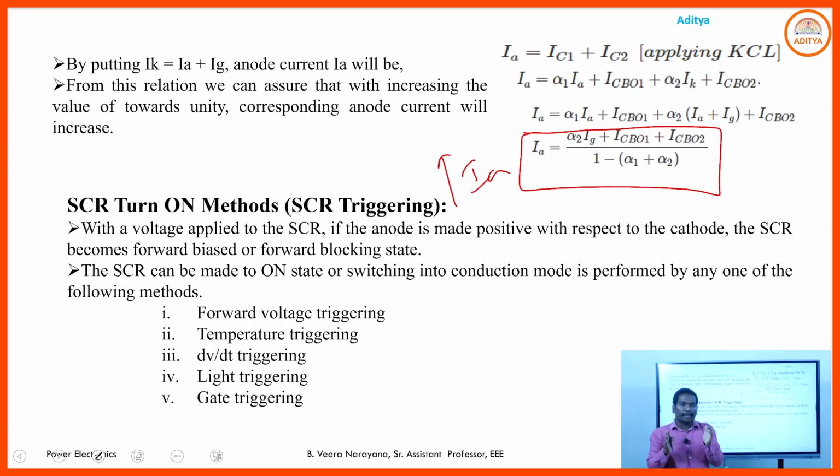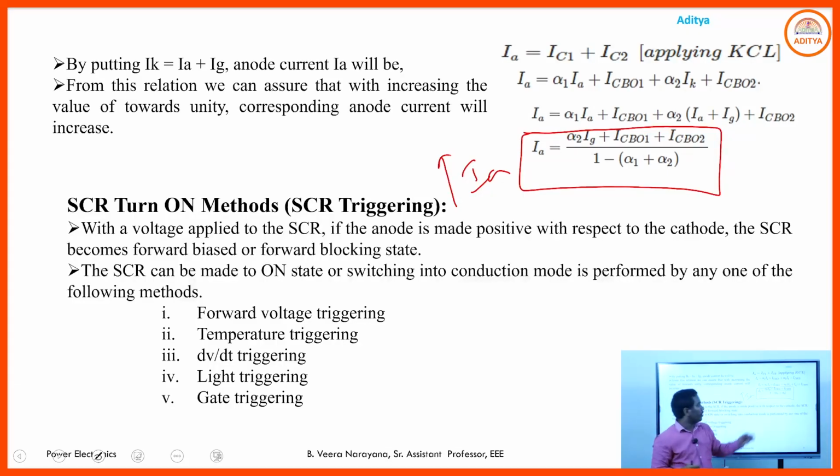If there is some current flowing through the SCR, if you have some anode current, then we treat the SCR as in the on state. If there is no current flowing through the anode terminal, then we treat the SCR as in the off state.